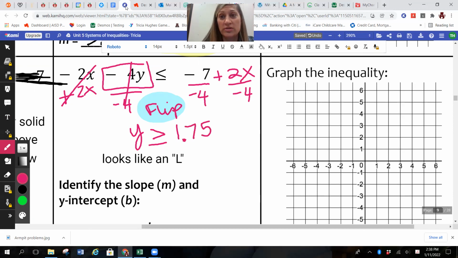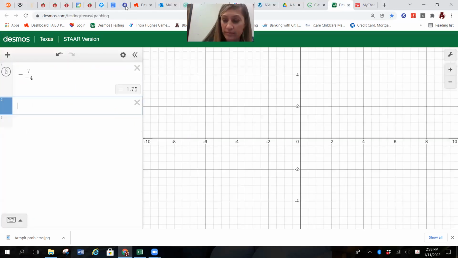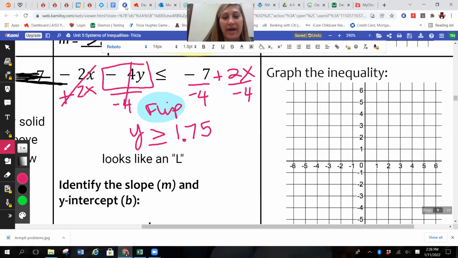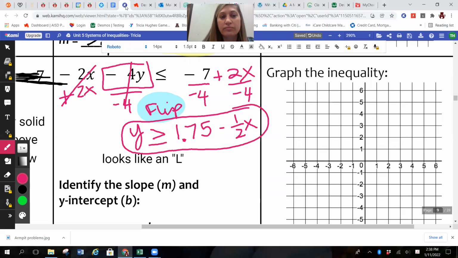And 2 divided by -4 is -0.5, or the slope is -1/2. So this is the inequality.